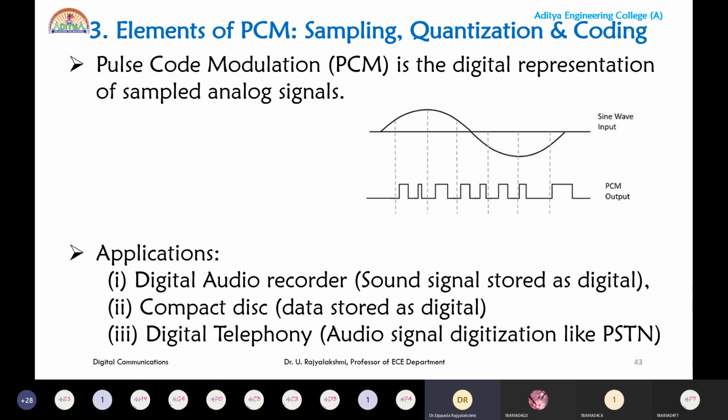The first implementation of digital telephony is PSTN, the public switching telephone network. In this PSTN, each and every mobile number is considered as one line, and the public switching telephone network is generally defined as one network.